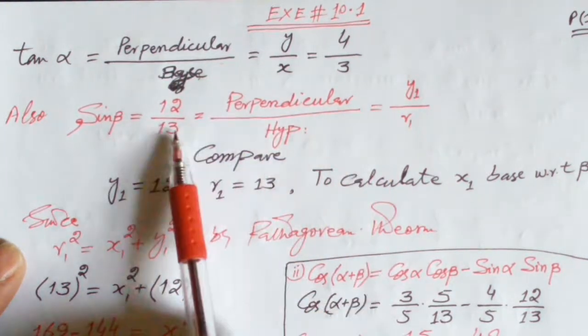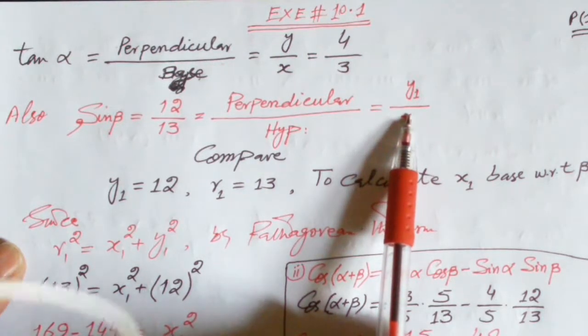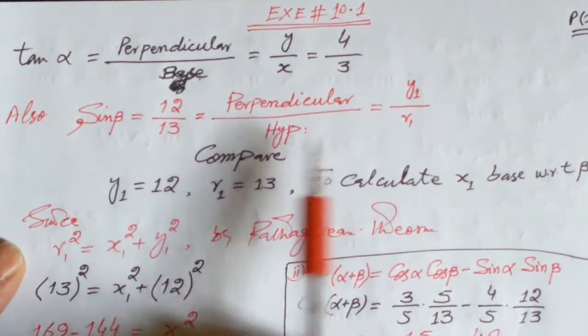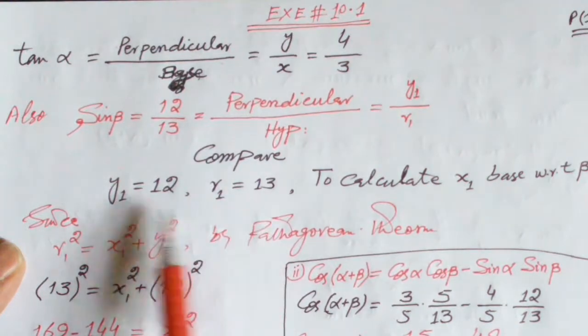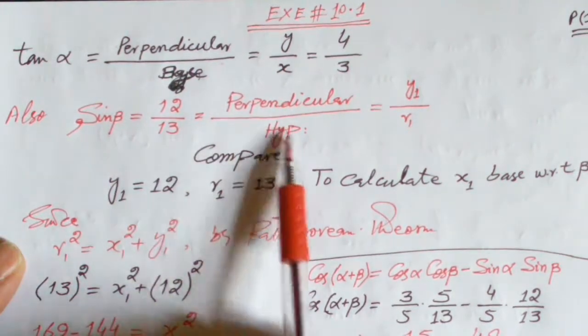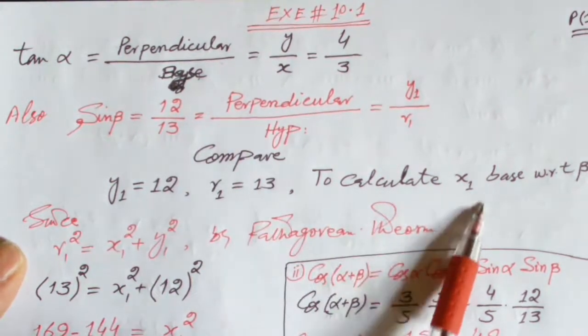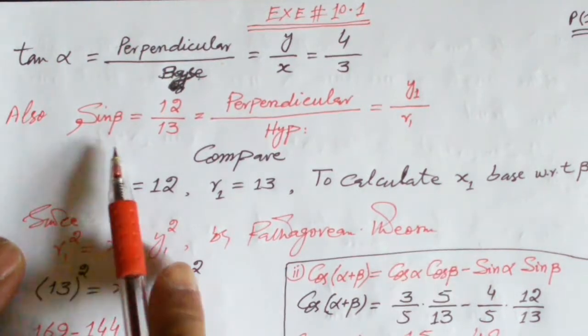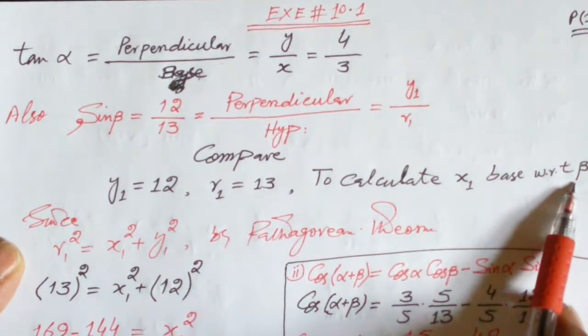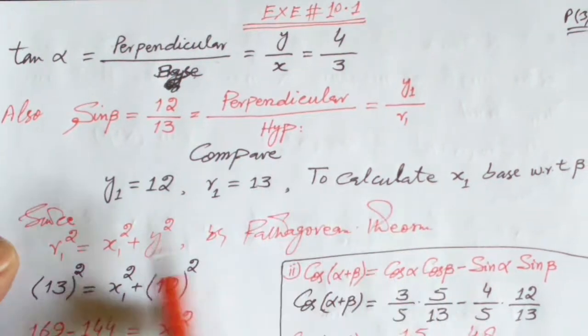Compare this equation. We have y1 will be equal to 12 and r1 will be equal to 13. To calculate x1, with respect to beta, x1 is the base.